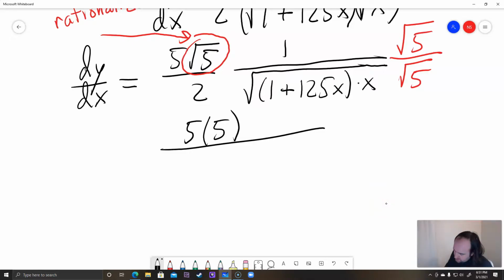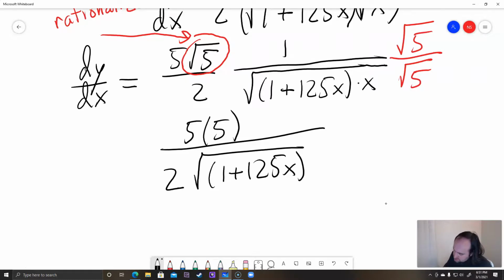In the denominator, now we have 2 times the square root of 1 plus 125x times, well, if I bring this root 5 on the inside here, instead of just having x, I'm going to have 5x. So it's pretty crazy that they make you do all this, but that's just the standard way to do it.